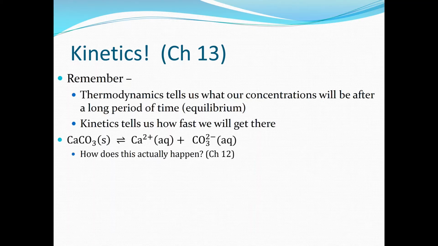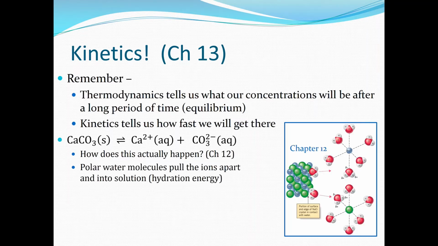But the question becomes, how does this actually happen? How do we get this reaction happening? How do we talk about the kinetics? And in order to talk about the kinetics, we really need to think about the physical mechanism of what's happening here. So this takes us back to chapter 12, our next chapter to integrate into this project.